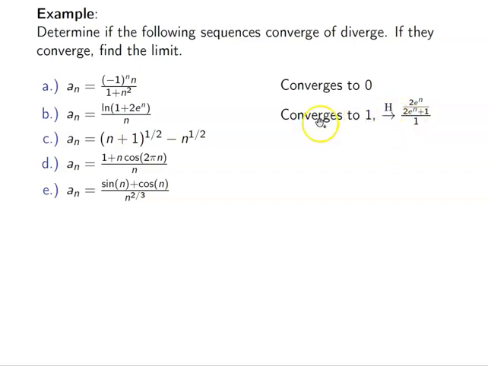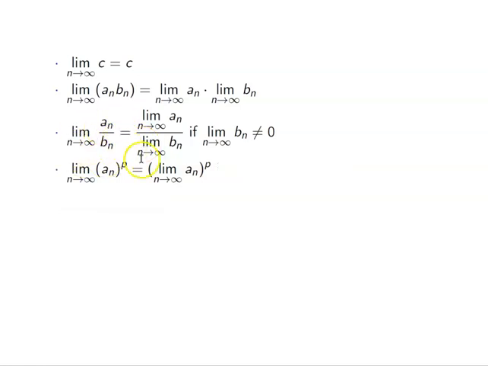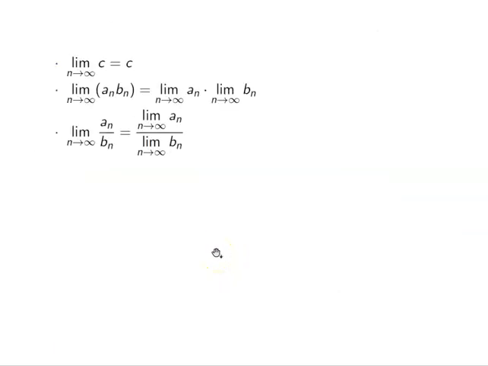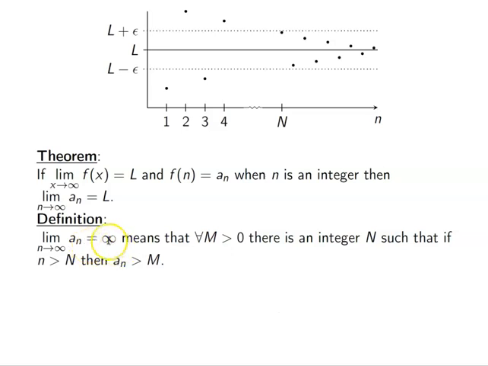So we can use L'Hopital's rule, or we can analyze what's happening here. So if I do use L'Hopital's rule, because again, I'm taking limits, right? I can take the limit of the numerator and denominator, or I can just look and say, what is my limit doing? Okay, so if the limit goes to infinity, it diverges.